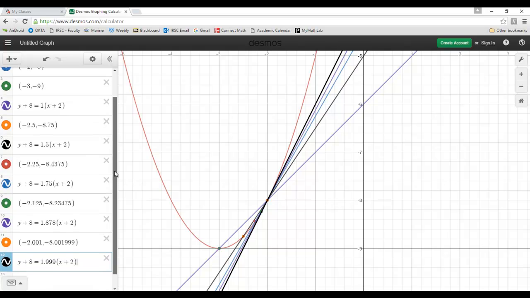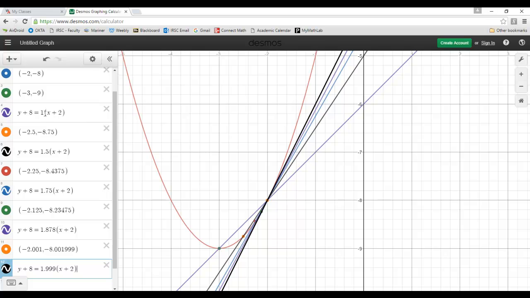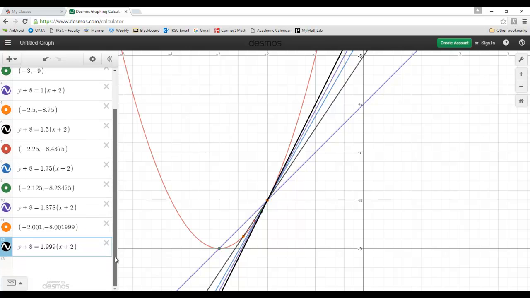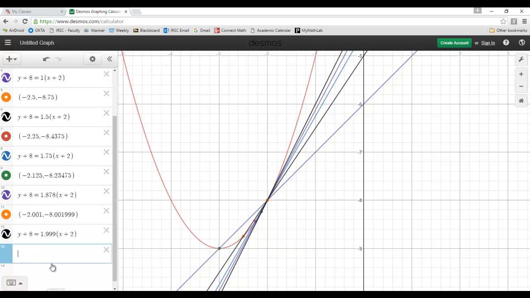Now, what do you think is going on here with the slopes? We went from 1 to 1.5 to 1.75 to 1.878 to 1.999. Can you guess what number we're approaching here? Let's do one more. Let's pick the point that's even closer on the left to -2. Let's pick the point -2.0001.